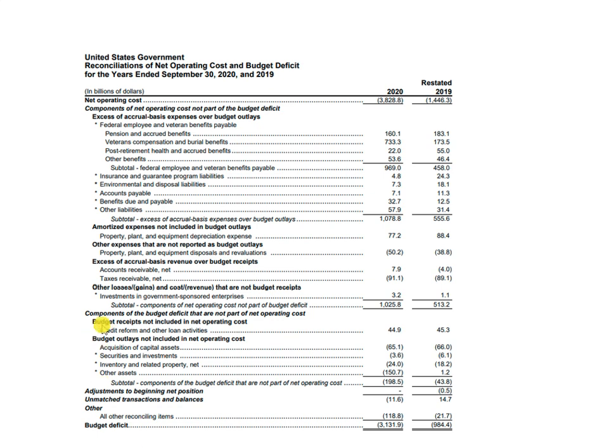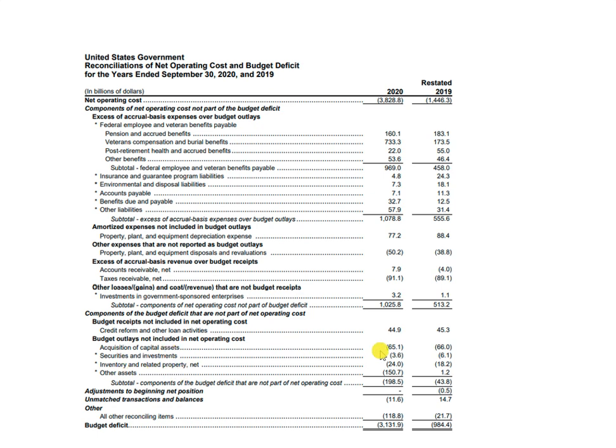We also need to adjust for cash payments that are not expense related. For example, the acquisition of capital assets, securities and investments, inventory and related properties. These are all recorded, reduce the budget, and increase the budget deficit, but they are not related to expense at all, because they are capitalized.